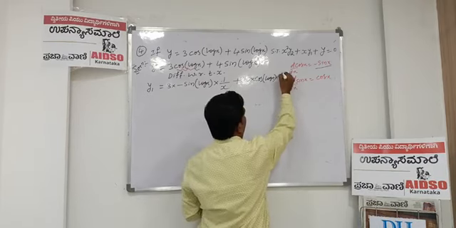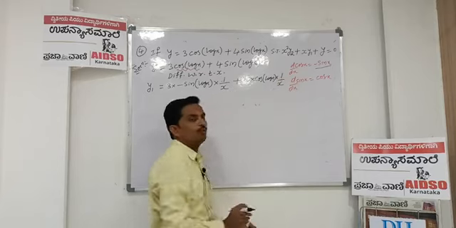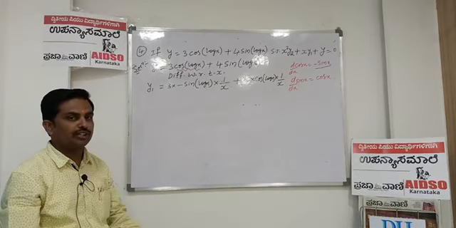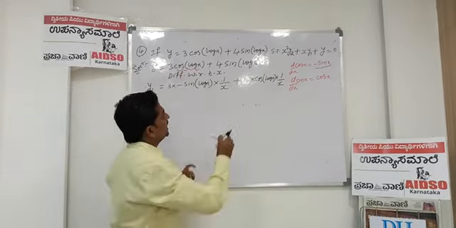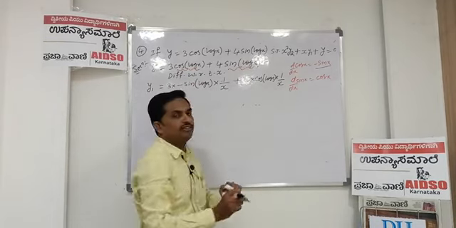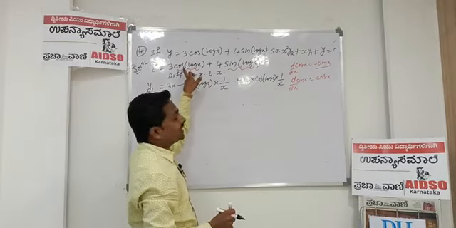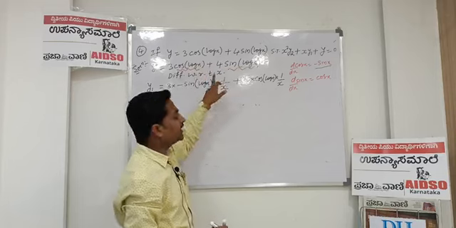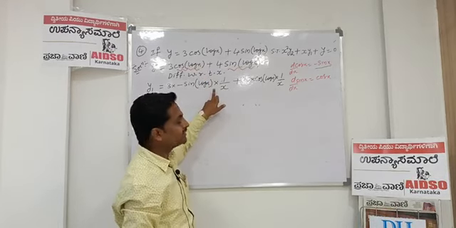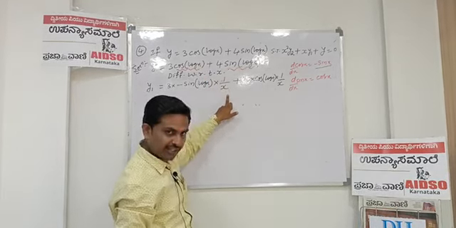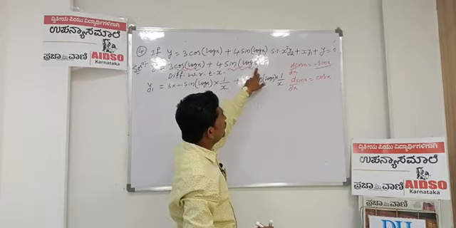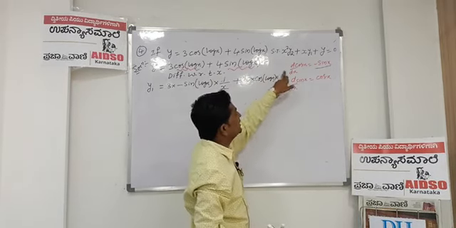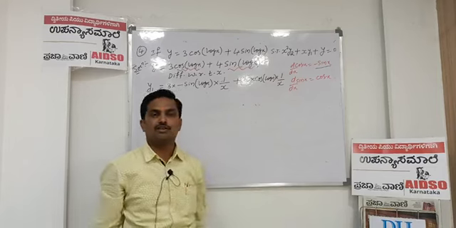Therefore it is cos of log x into the derivative of log x, which is 1 by x. So because of cos of log x and sine of log x, we differentiated by treating them as cos x and sin x: the derivative of cos x is minus sin x into 1 by x, and the derivative of sin x is cos x into 1 by x.